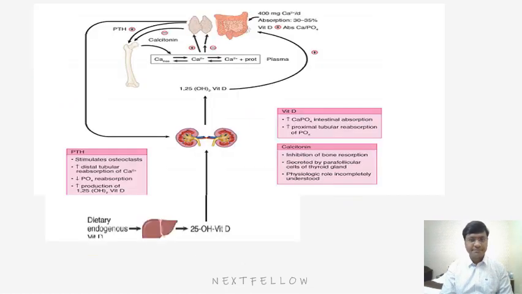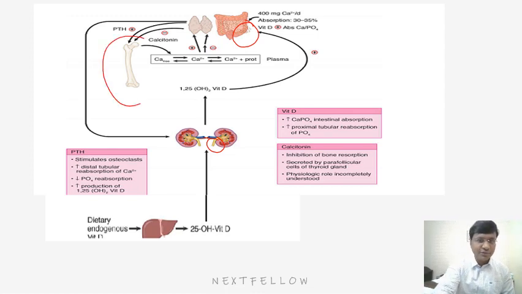Regarding the regulation of calcium, it is absorbed from the intestines with the help of vitamin D, and it is also reabsorbed from the kidney. Once the calcium enters the circulation, it is distributed to various organs, and 98% of it is distributed within the bone.